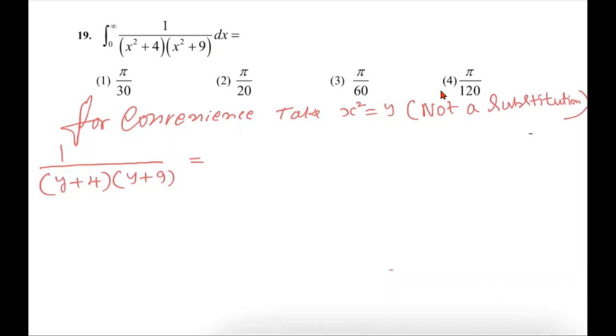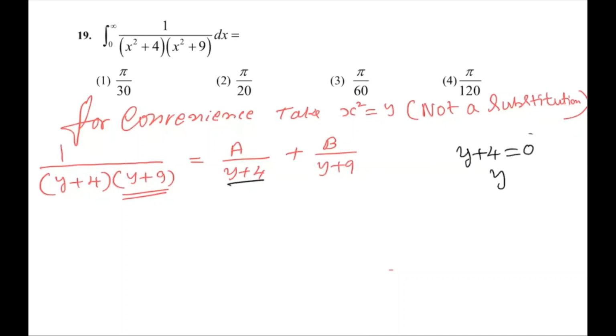For each non-repeated linear factor y plus 4, we assume a fraction of the type a upon y plus 4. Again, the second factor is a linear non-repeated, so b upon y plus 9. Now, in order to find the value of a, you equate the denominator of a to 0. y plus 4 equal to 0, y is minus 4.